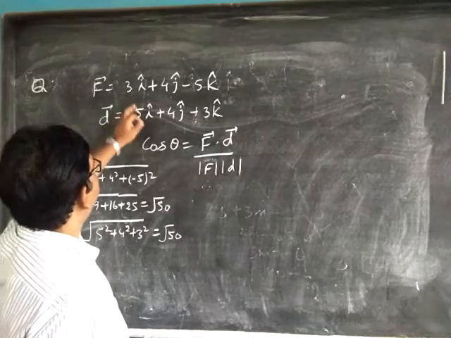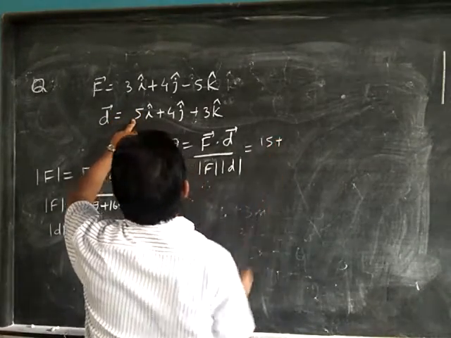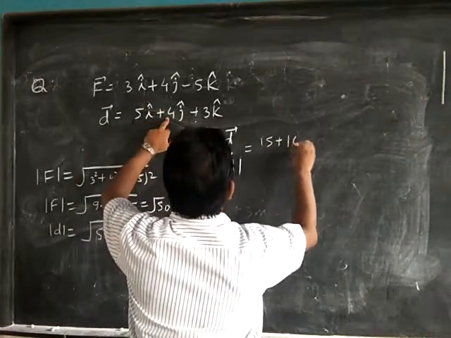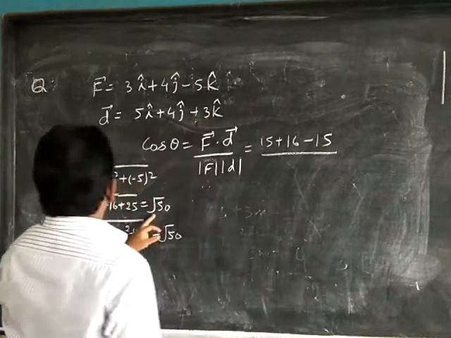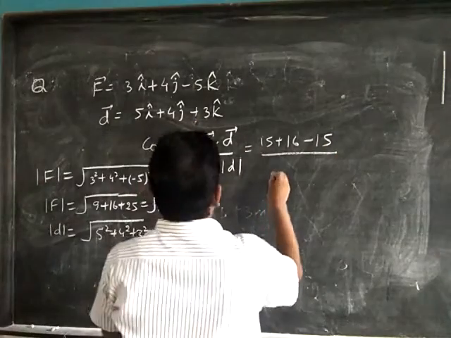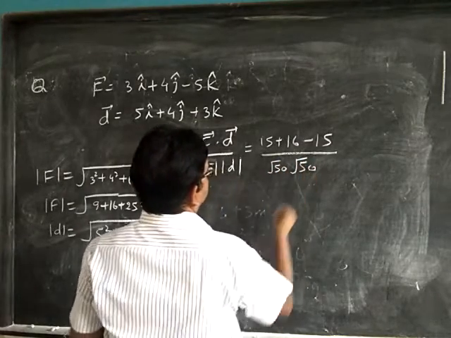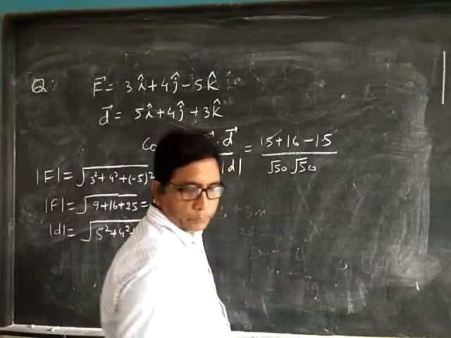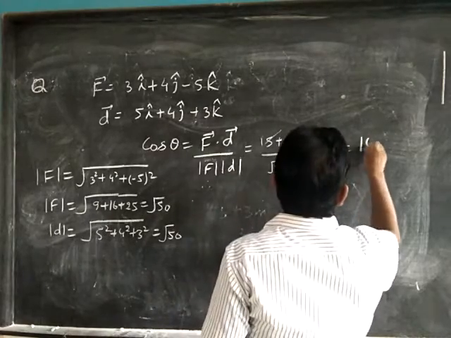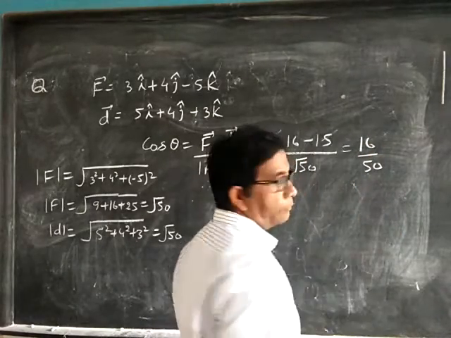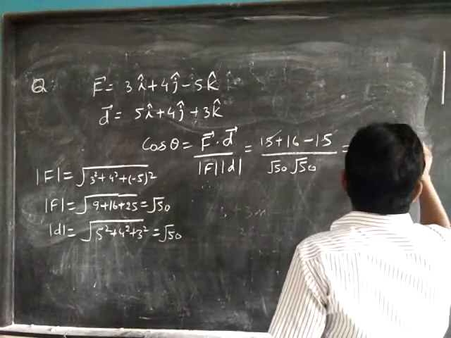And F dot D is 3 5 15 plus 16 minus 15 upon mod F mod D, that is under root 50 into under root 50. Then it becomes 16 upon 50. When we solve this, we get 0.32.